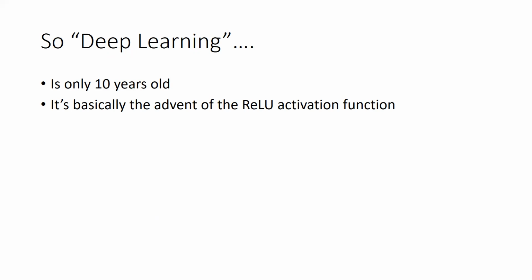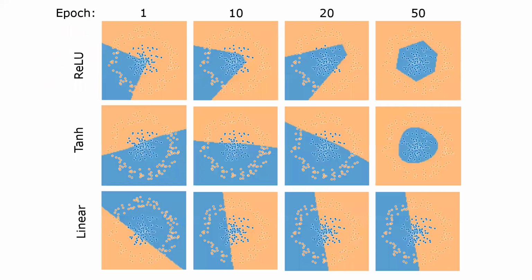We knew with this data explosion over the last 20 years that neural networks just weren't enough. We knew we needed deeper networks. If I go back to this slide here, this is only 50 epochs through a network. This is not too bad, but if we wanted to turn this into a circle to solve a nonlinear problem, we'd have to have an even deeper network to do this.